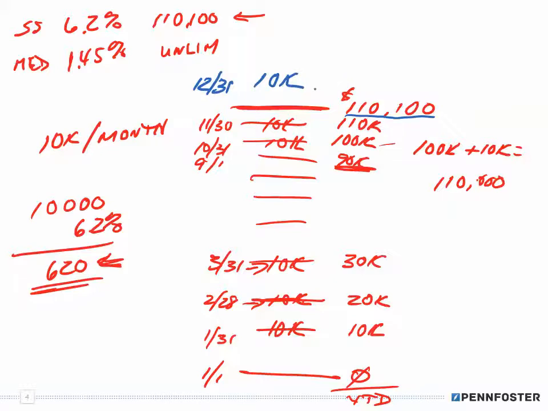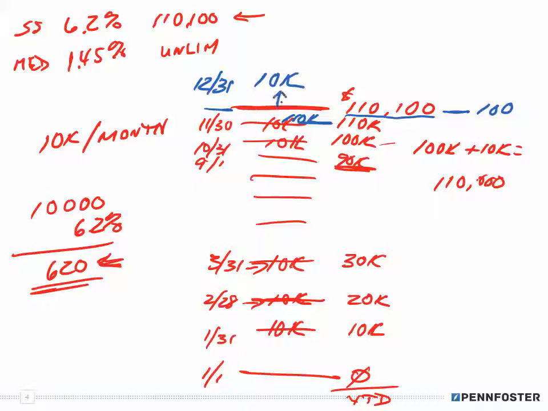Okay, now how much of that 10,000 is taxable? Well, to go from right here at 110,000 to get to 110,100, right? The difference is only $100.